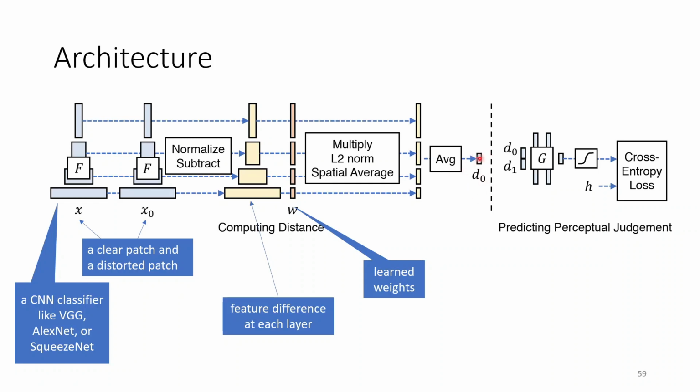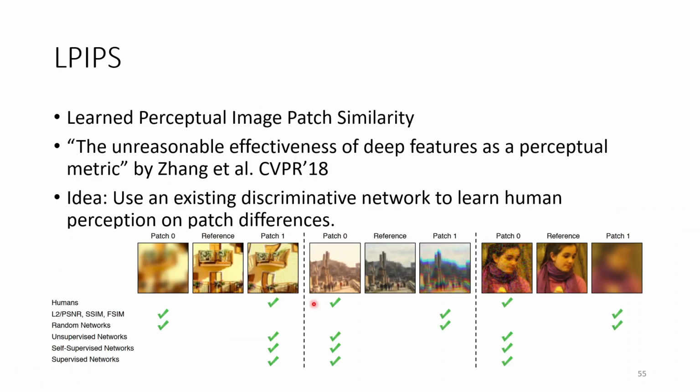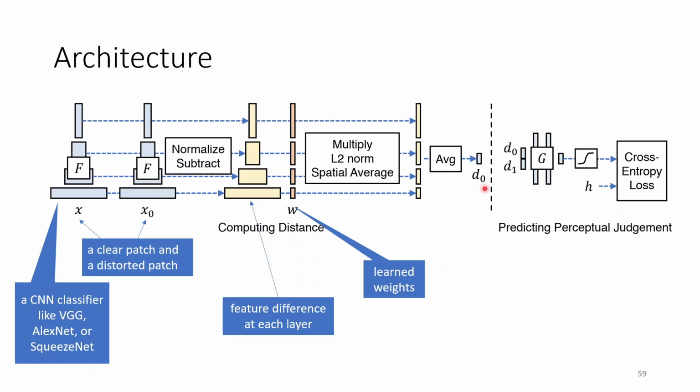So what's the meaning of a single value? It means if x is the reference image and x0 is one of the two patches, patch 0 or patch 1, then patch 1 will generate a distance d1, and patch 2 will generate another distance d2.